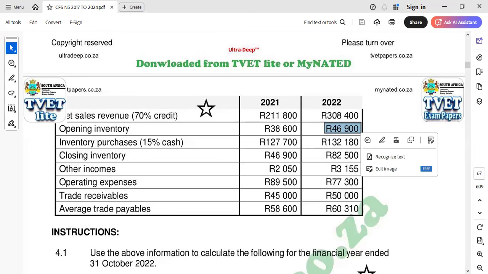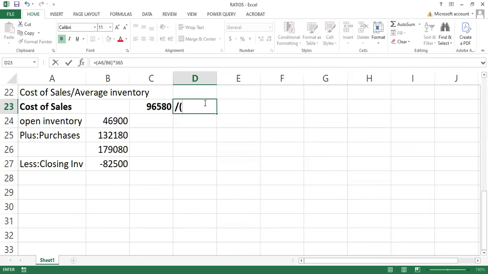So here we are going to say 46,900 plus 82,500. We close, we divide by 2. Now, it's supposed to be like this.